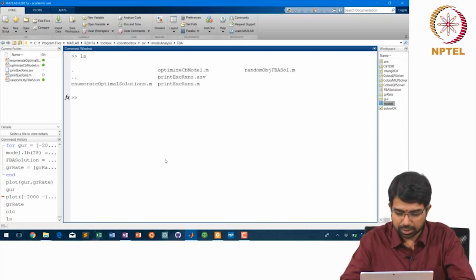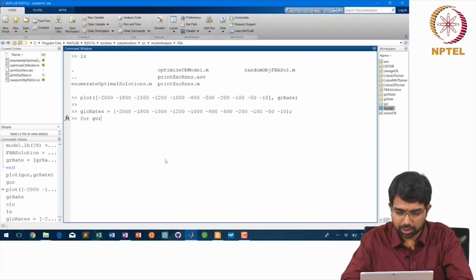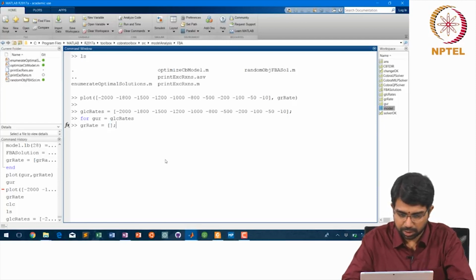Yeah. So let us say GLC rates equals this, right. For GUR equals GLC rates. Now, let us also initialize growth rate to empty.